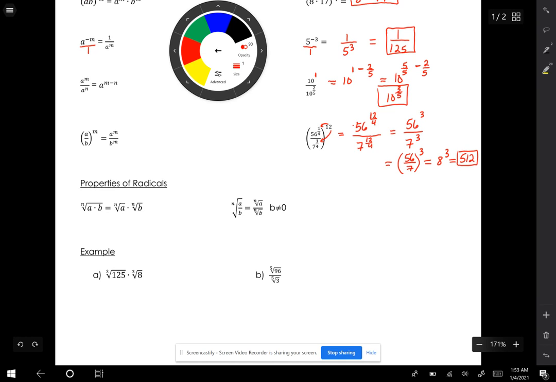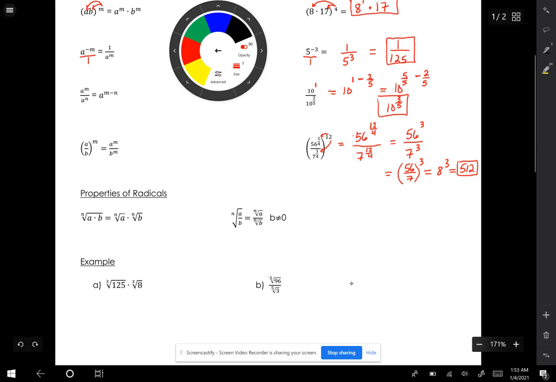All right, now for the properties of radicals. We are going to look at the product property of radicals and then the quotient property. So the first one is product. So notice you have a root on the outside, you have bases on the inside, you can separate them into the individual bases because they have the same root. Same thing for the quotient property on the right.